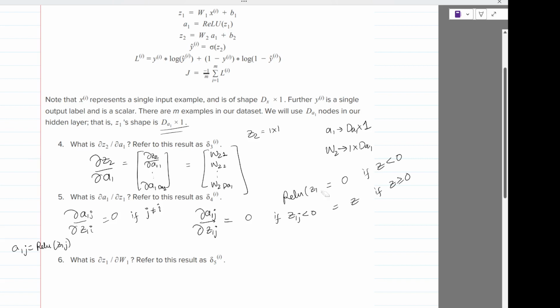So here actually I should have written z1 j, if z1 j greater than 0.